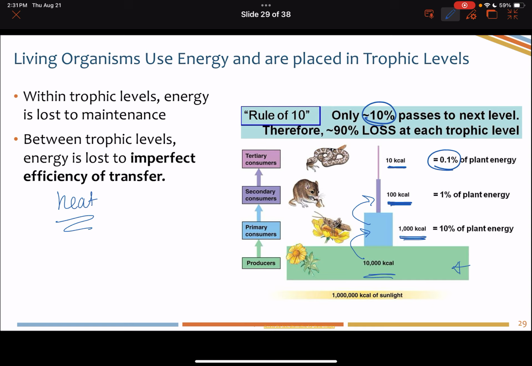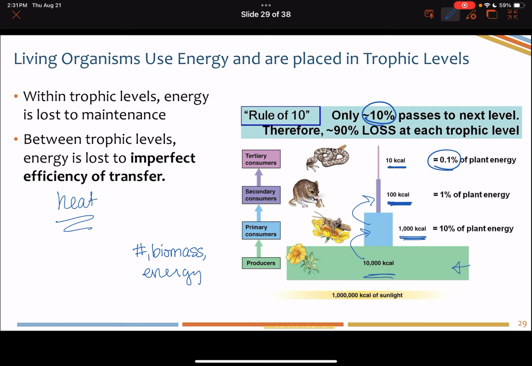And that is the main reason for our pyramid of numbers, biomass, and energy being so small at the top, because there's very little left to transfer once we get that high. And so usually we don't have more than 2 or 3 consumers after those primaries.